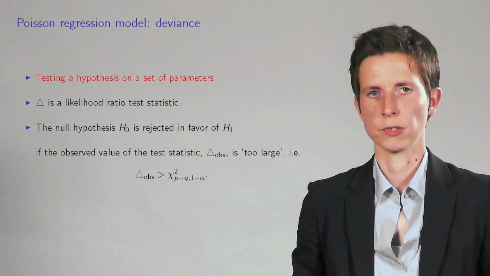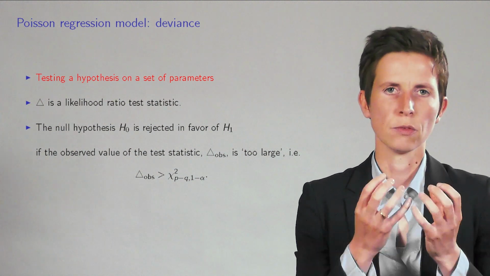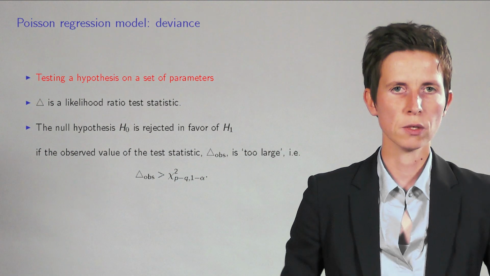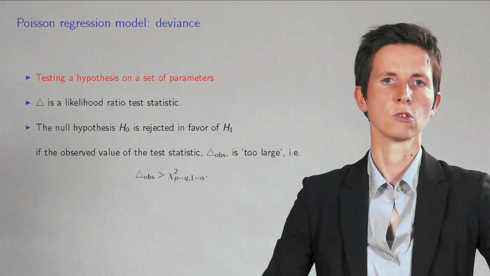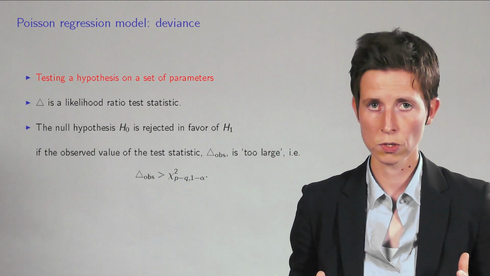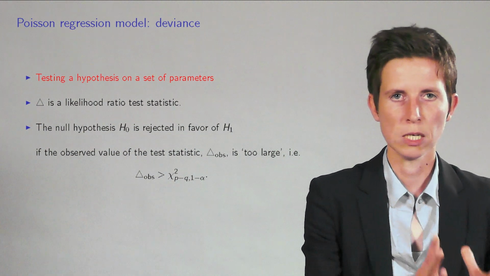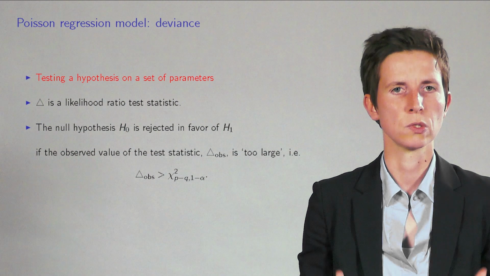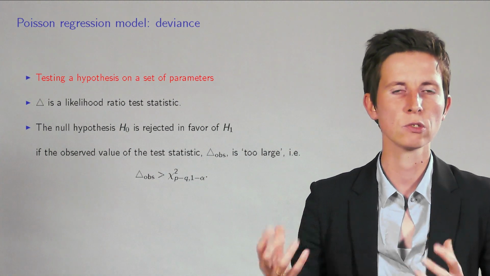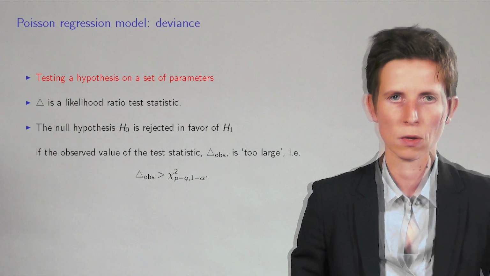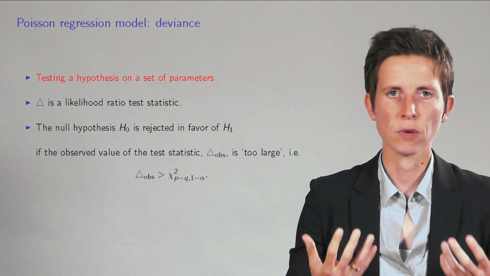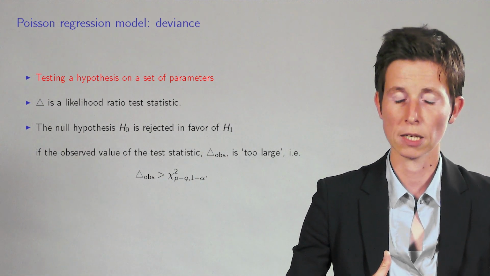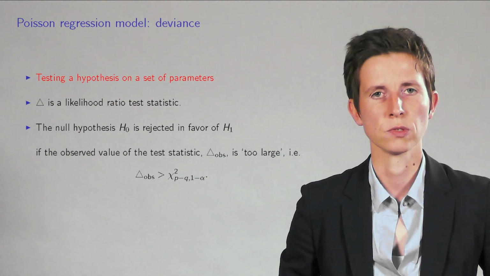Now, the null hypothesis is rejected in favor of the alternative hypothesis if the observed value of the test statistic is too large, which means larger than the 1 minus alpha quantile from the chi-square distribution with p minus q degrees of freedom. Later on, we can give explicit examples on the use of this drop in deviance analysis when building generalized linear models.